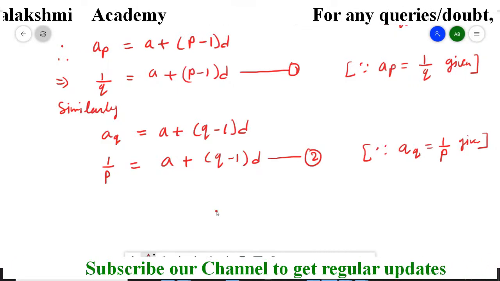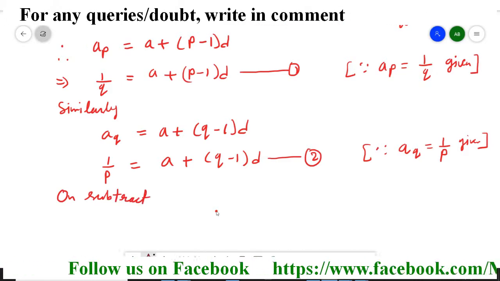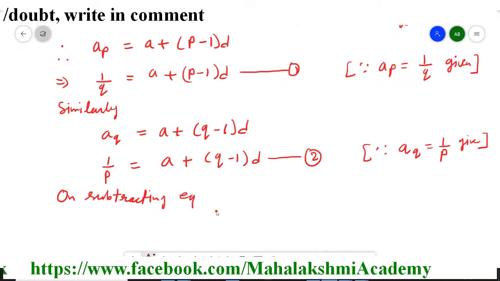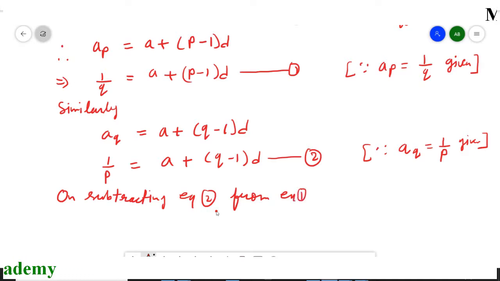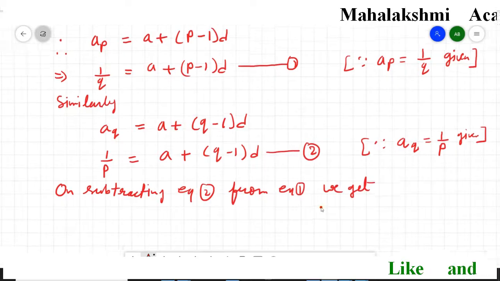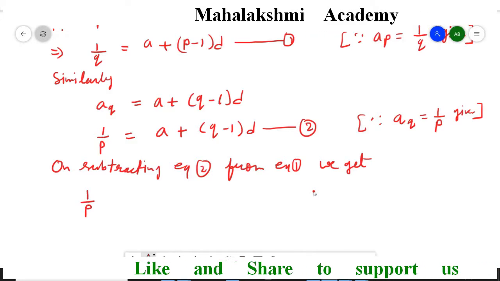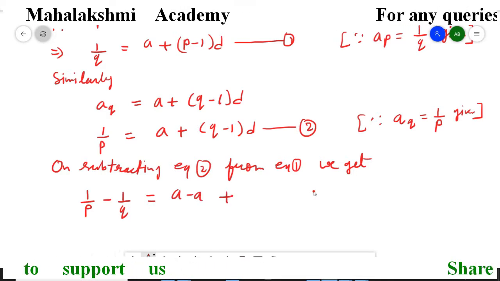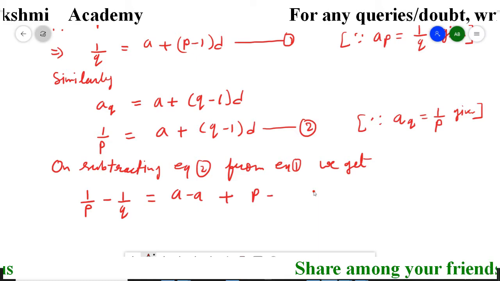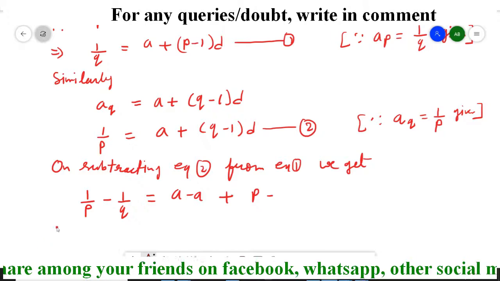So we will write here: on subtracting equation 2 from equation 1, we get, when we subtract left hand side by left hand side, 1 upon p minus 1 upon q is equal to a minus a plus p minus. We are subtracting equation 2 from 1, so it's not wrong here.